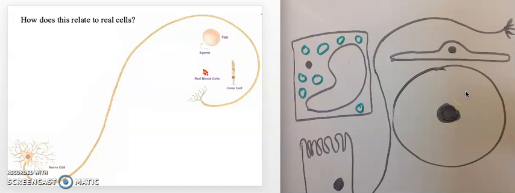Our epithelial cells have a large surface area in 2 dimensions, but they're pretty flat. This is the top view, and this is the side view of, say, a cheek epithelium. Even though they have a lot of surface area in 2 dimensions, since they're very flat, they don't have a lot of volume. And then this other cell, which is going off the screen, is supposed to be a neuron.